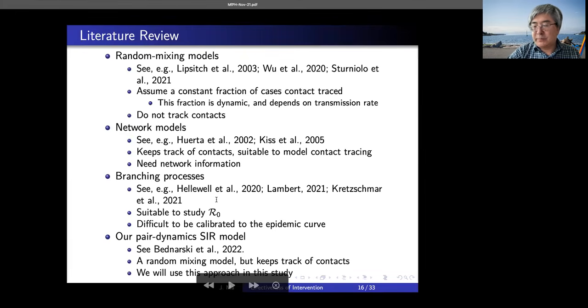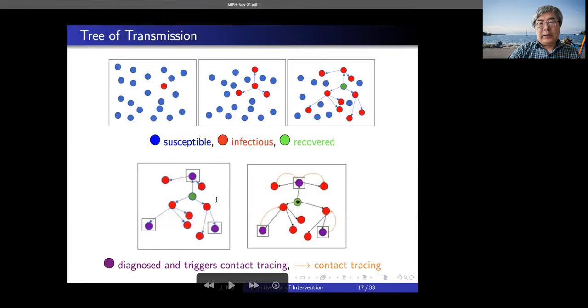This framework is based on pair dynamics, which we're going to introduce in a moment. We're assuming a randomly mixed population, but how do pairs come in this randomly mixed population? If we just look at a toy model where the disease transmits in this randomly mixed population, we have an index case, it transmits to a few neighbors and a few other neighbors.